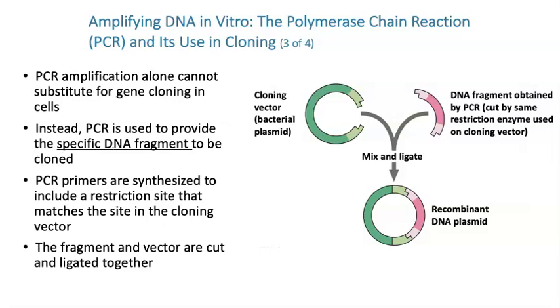But if you need lots and lots and lots of copies, then the PCR process is the way to go. Remember I talked about those primers earlier, and those primers are made specifically to find a site that matches the site for the cloning vector. So that's something that's useful.